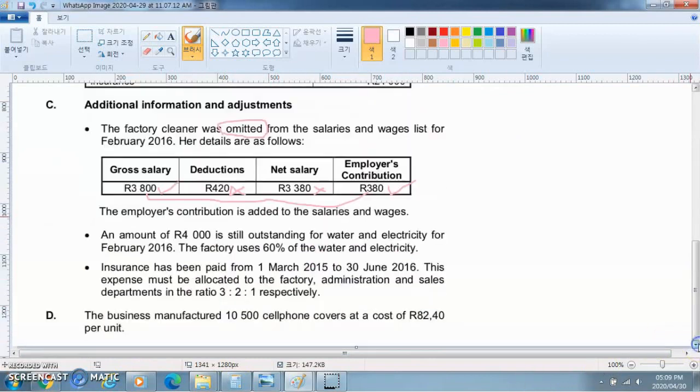We have to check under the information if there's anything that we need to consider before we move on to the question directly. Okay, so here they're saying an amount of 4,000. It's still outstanding. So if it's outstanding, what do we call this type of expense in accounting? This is usually an accrued expense, right?